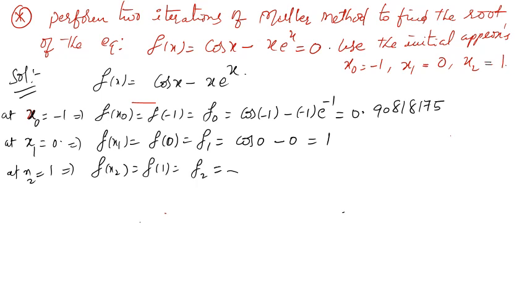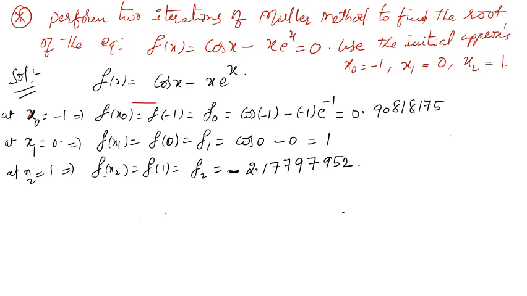Notation is f2. F of x2 stands for f2. Its value is negative 2.1779795. These are the initial values at x0, x1, x2, and the corresponding values f0, f1, f2.